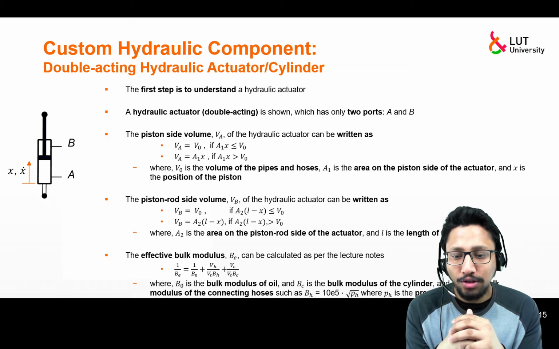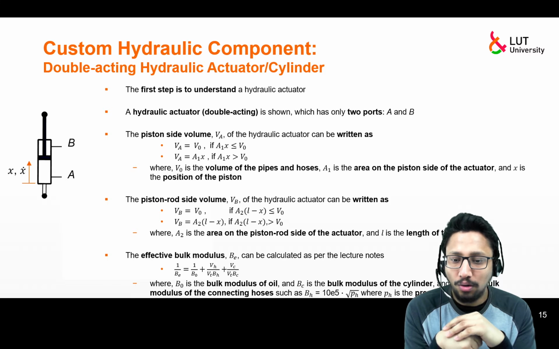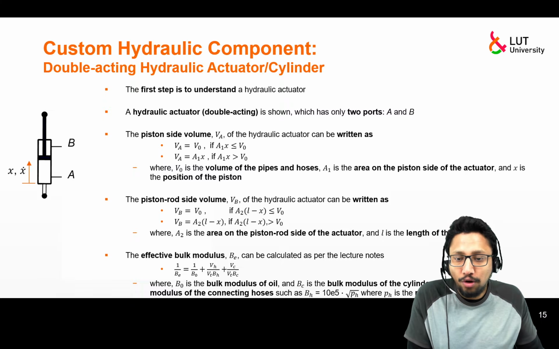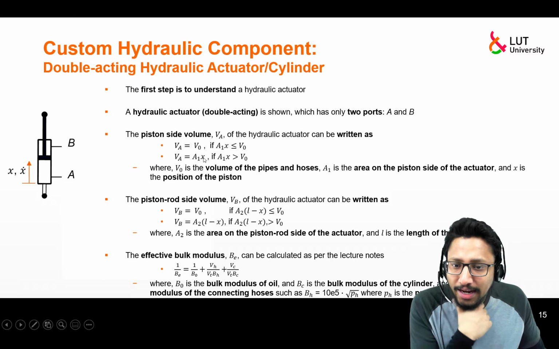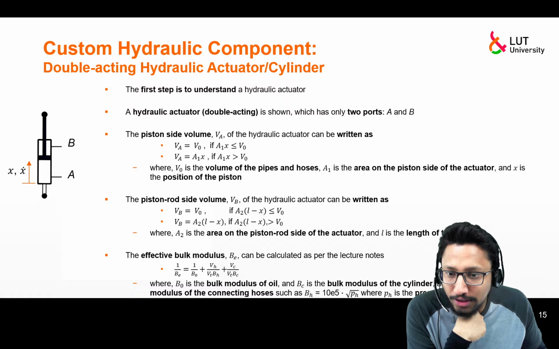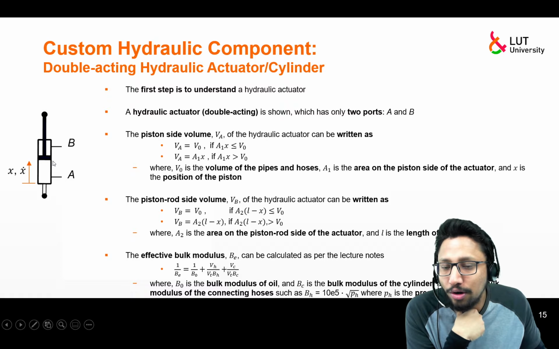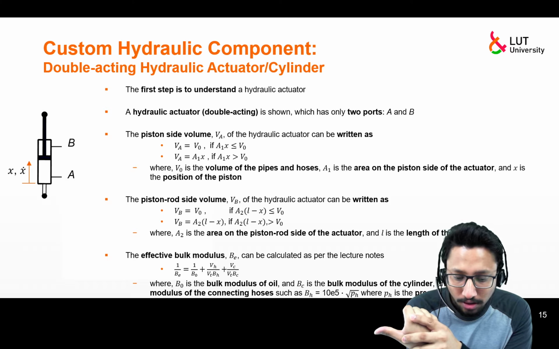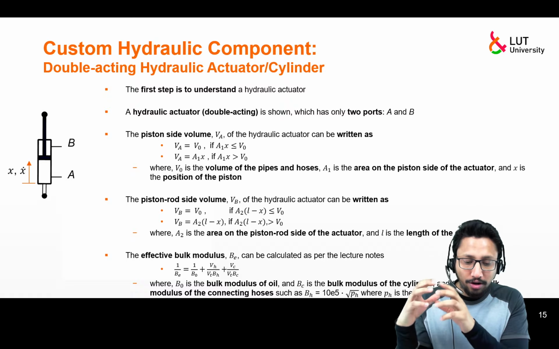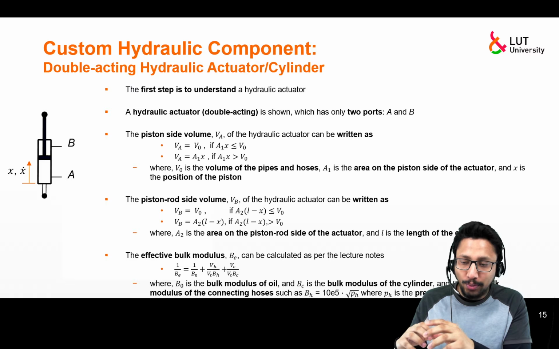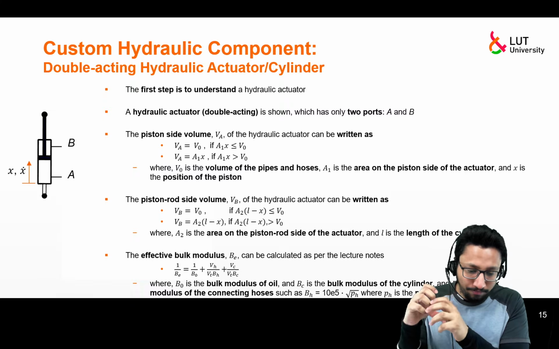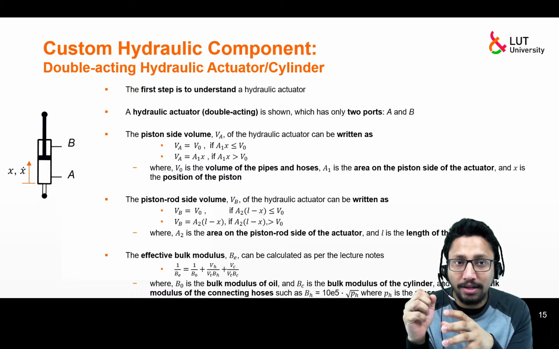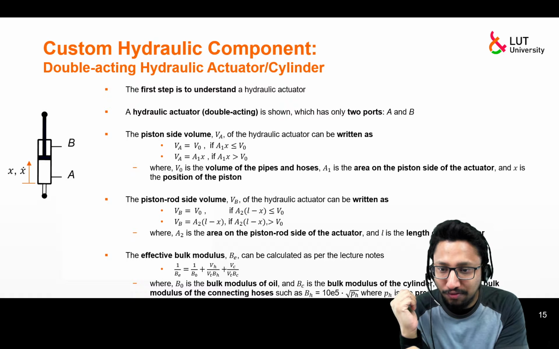Very good. Once you figure out the volumes, the next step is to figure out the effective bulk modulus. But remember, in these volumes, this X is the piston position, and this data is coming as an input from your rigid multi-body cylinder, piston and the joint between them, or you can use a sensor there to find the position of the piston in your actual physical system.